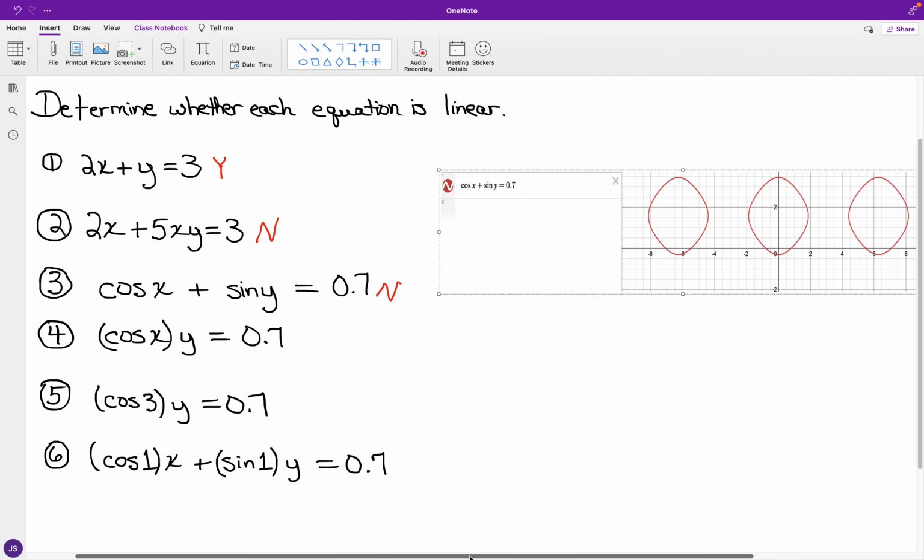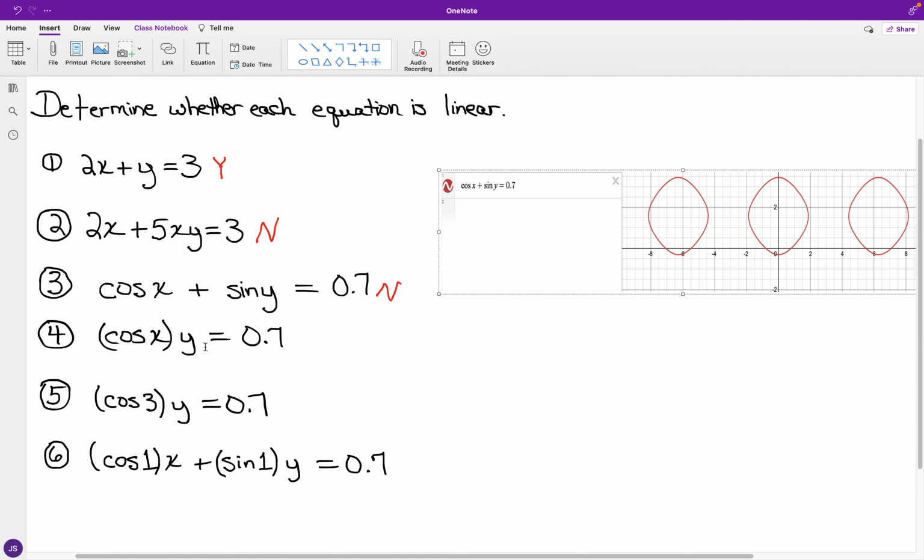Now for the fourth item, say we had the cosine of x times y is equal to 0.7. Here the cosine of x is nonlinear, times y is equal to 0.7.